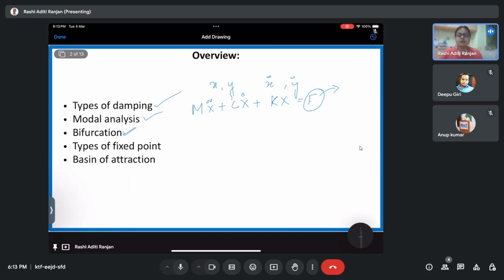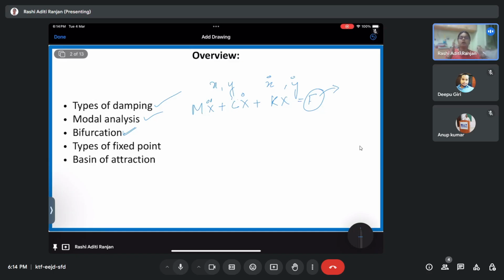Now, for that same system, if I remove the damping, or when damping is present I give some kind of external excitation or parametric excitation, the system will keep on vibrating. It can show periodic motion, quasi-periodic motion, chaotic, any kind of motion. So these are the two cases, static and dynamic.